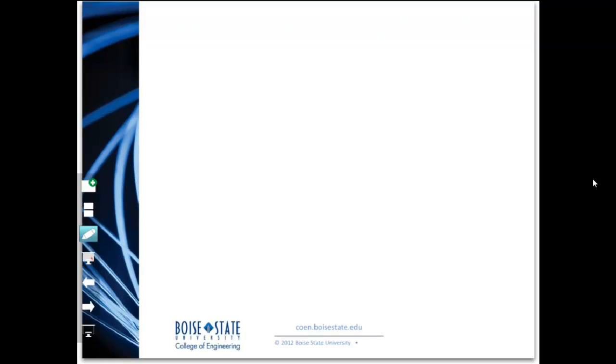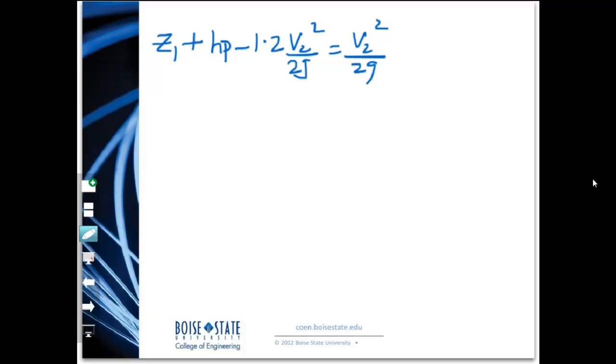So if you simplify the previous equation, Z1 plus HP minus 1.2 V2 square over 2g equals V2 square over 2g, right? Okay, we are online again. What I was saying was that I was trying to simplify this.